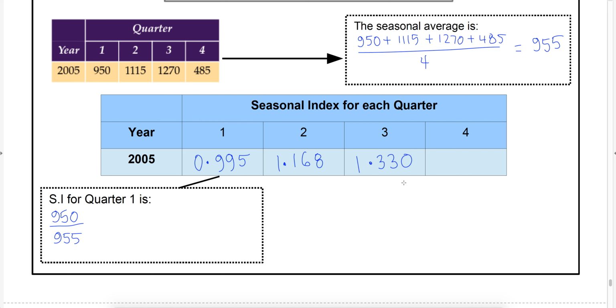This last one's quite a bit below the average, so of course this means it's going to be quite a bit below 1. 0.508. Now we have rounded a lot of these up just because of rounding. It means that when we do add it up, and you can do that now if you like, it might be slightly over.